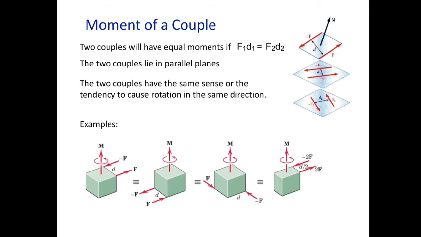Two couples will have equal moments if, in these two planes, F1 and F2 are at distances d1 and d2 respectively in different manner. These two F1 forces are horizontal and these two F2 forces are vertical.